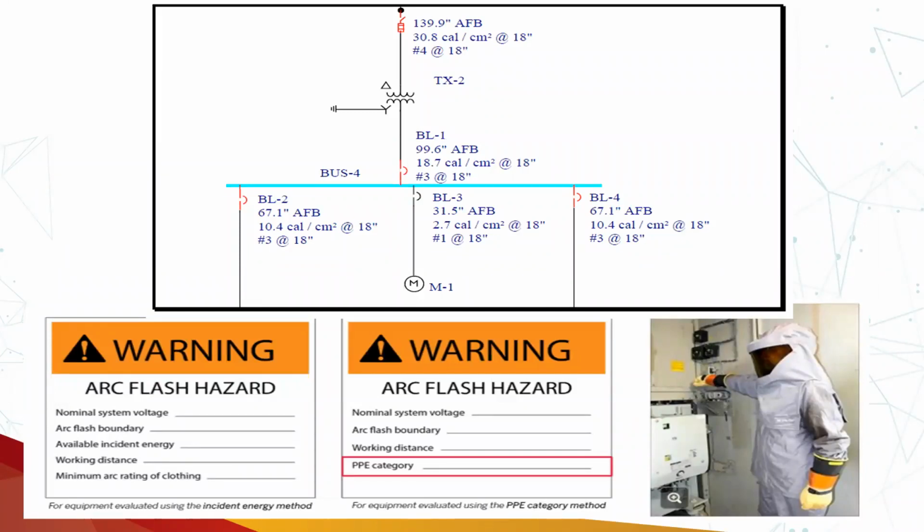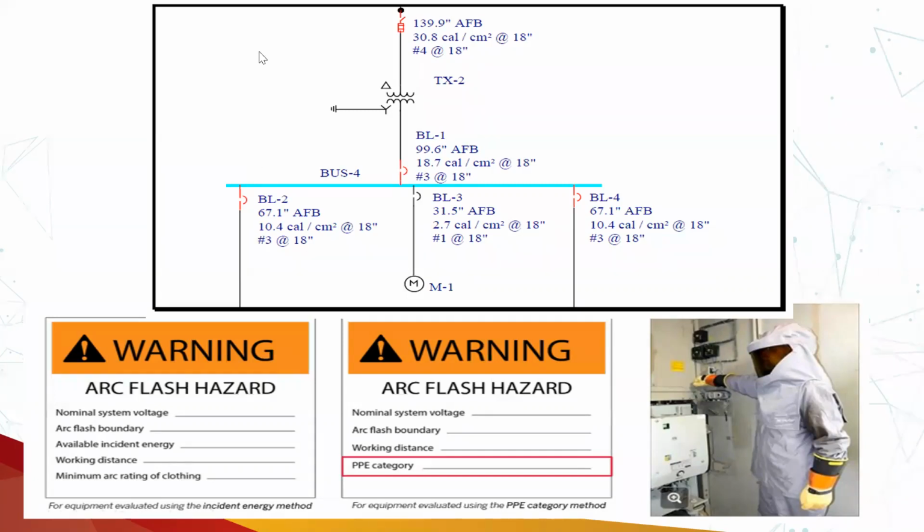And the second point is that if we are not maintaining the right amount of maintenance, it might cause an increase in the opening time of the breaker, and if that is the case, it might cause an increase in the incident energy at that particular location.